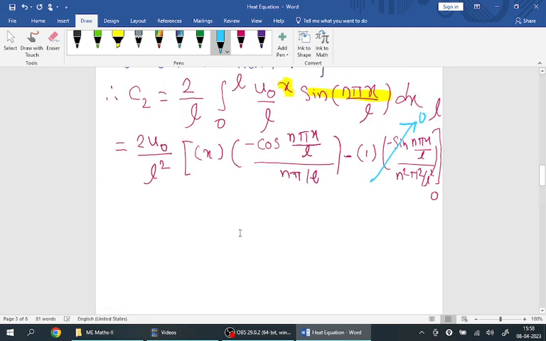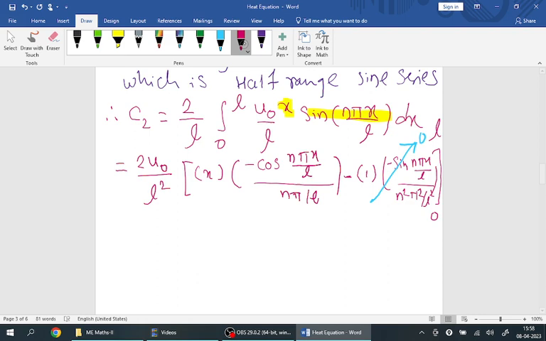So now we are replacing the value: upper limit minus lower limit, 2u0 upon l square, and we are replacing x by l. When x is l, it becomes cos n pi, so minus of minus 1 raised to n upon n pi by l. This is for the upper limit. For the lower limit x is 0, so that is 0 only.